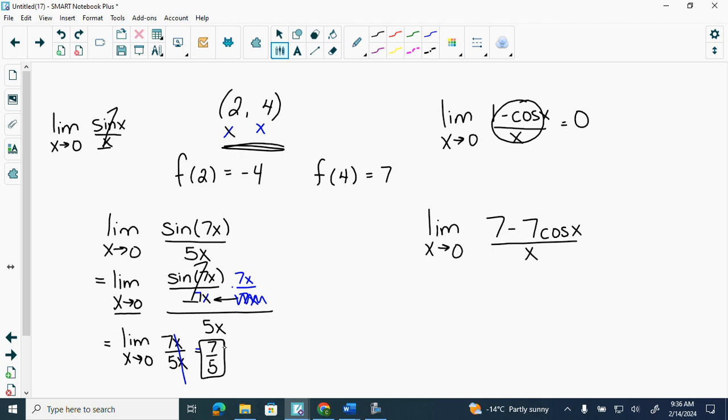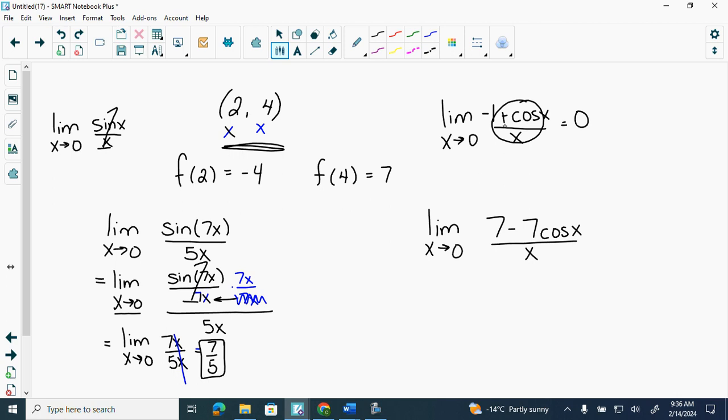Now, the next one, I need it to be 1 minus cos x in order for me to use the formula. So what can I take out? Isn't it cos x minus 1 over... I see it. I need it to be cos x minus 1. It is not.